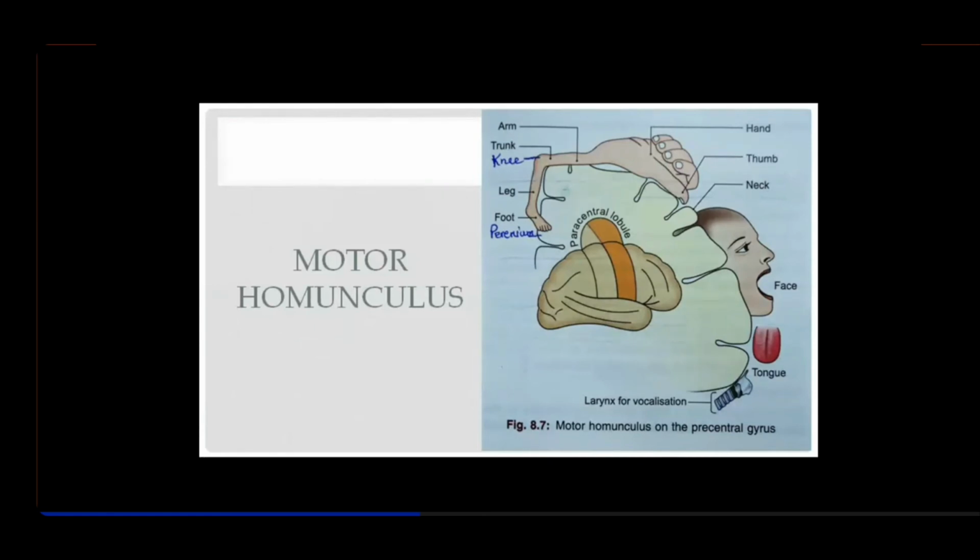So it causes only gross simple movements, right? But of course it's the main highway. Even if area number 6 wants to make a programmed and skilled movement, it will also contribute along with area number 4. So this area number 4 has this representation of the body parts.